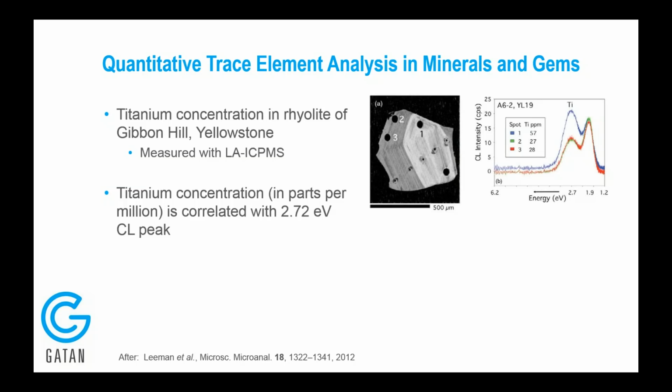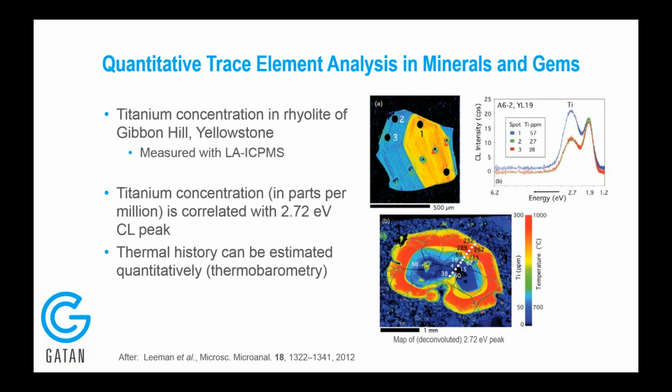So here, by having wavelength information, we're able to directly associate one of the peaks with the titanium concentration and form a calibration curve that allows us to quantitatively determine titanium concentration in these minerals. And performing this sort of analysis in CL is much quicker and has higher spatial resolution than other techniques available.